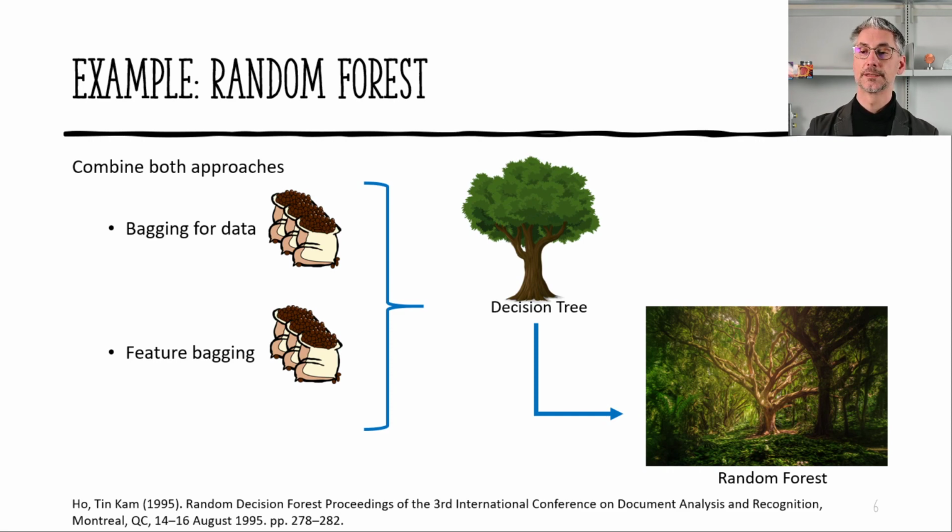One example is the random forest, where we combine both approaches. We do the bagging for the data, so we have multiple copies of the data, but they are all slightly different variations, and we can also do feature bagging. And then we build many decision trees, and that is essentially what's called a random forest. And this makes it much more stable and much more robust against overtraining.